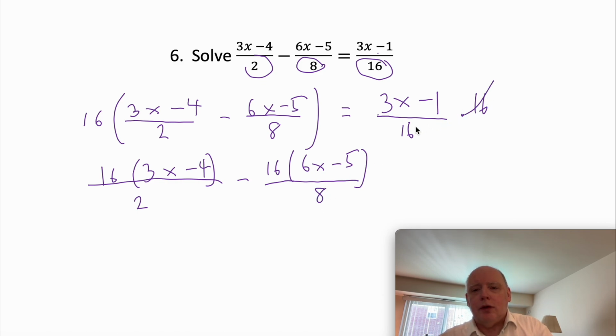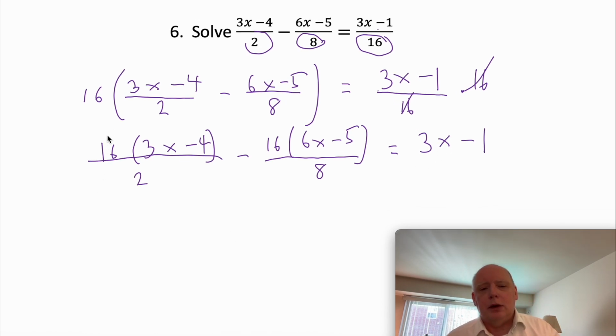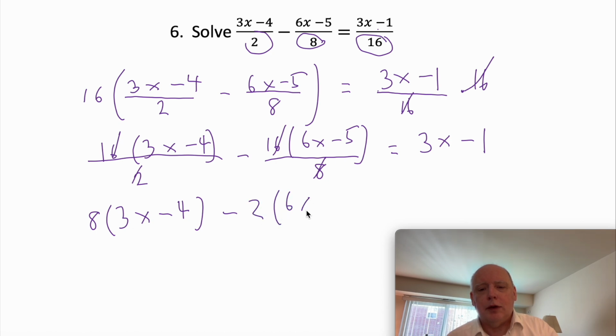And here the 16s cancel. It's a common factor, so it's 3x minus 1. And then 16 divided by 2 is 8. This becomes 8 times 3x minus 4. 16 divided by 8 is 2. This becomes 2 times 6x minus 5.